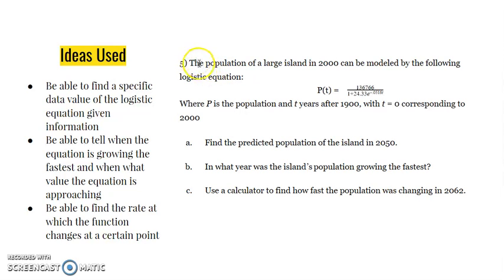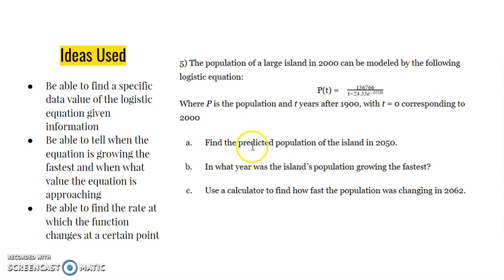The question is asking: the population of a large island in 2000 can be modeled by the following logistic equation, P of t equals 1367.66 over 1 plus 24.33 e to the negative 0.516t, where P is the population and t is years after 1900, with t equals 0 corresponding to 2000.